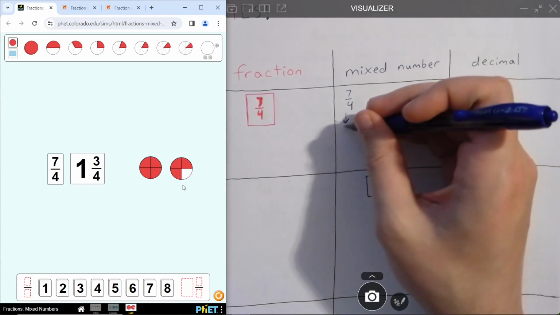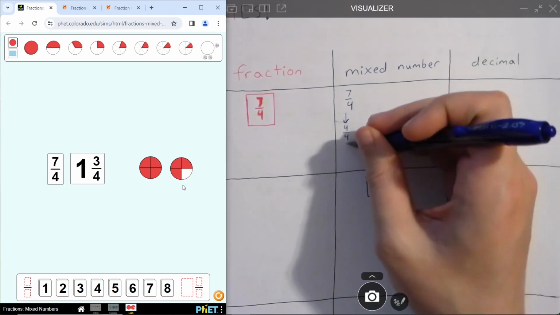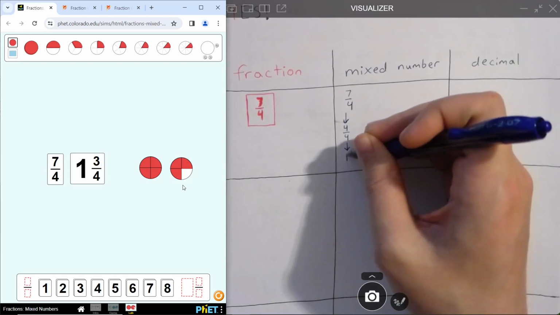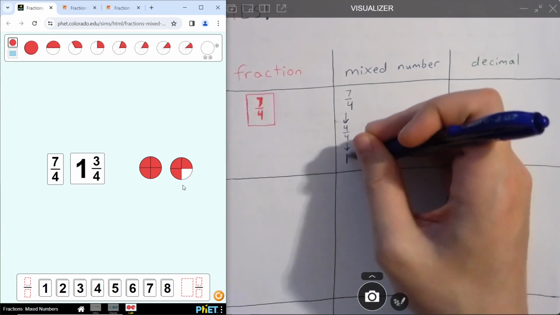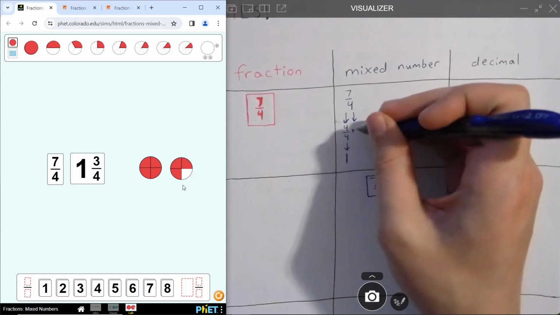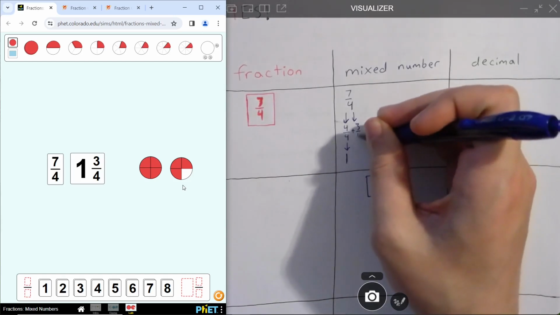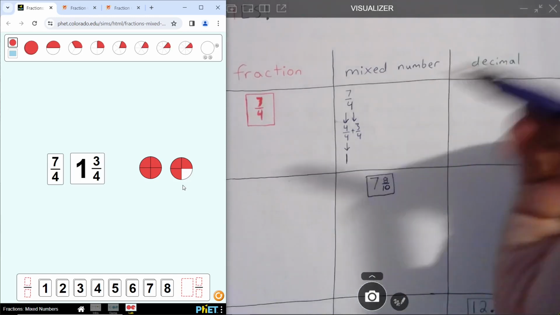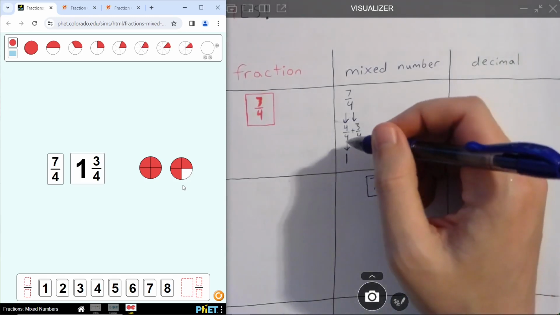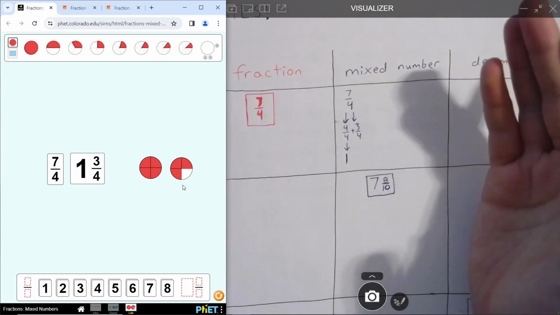So we would have the fraction 4/4 that gives us the whole number 1 whole, and then add that to whatever is left over. In this case, 7/4 is the same as 4/4 plus 3/4, and we'll get to this later as to why you keep the denominator the same. If you didn't know that ahead of time, you'll just have to trust me for right now.